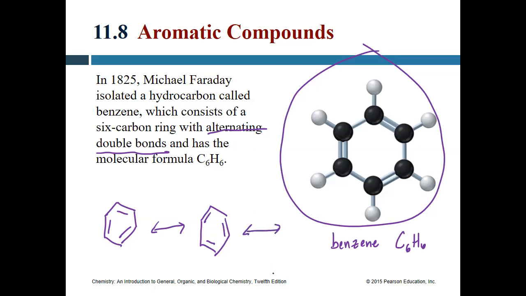And so because of that, we actually think of that double bond as being able to move around the ring. You will see benzene often abbreviated as this six-sided ring with a hole in the middle. And that hole in the middle represents that double bond moving around the ring. So any of those three drawings for benzene is completely acceptable for benzene.